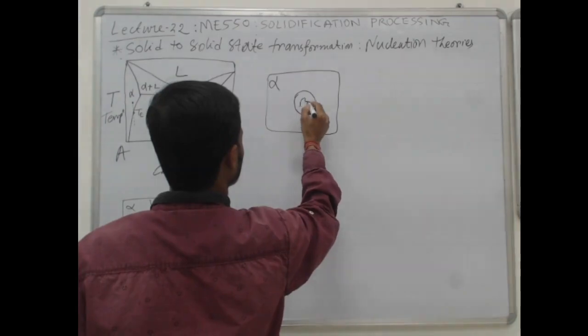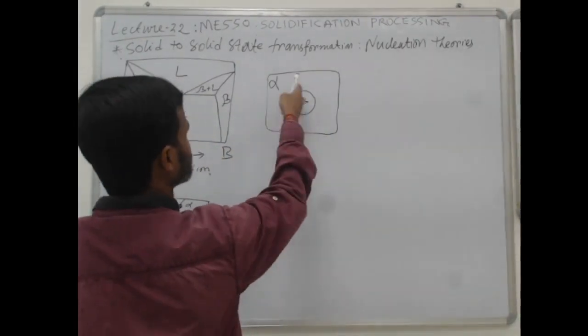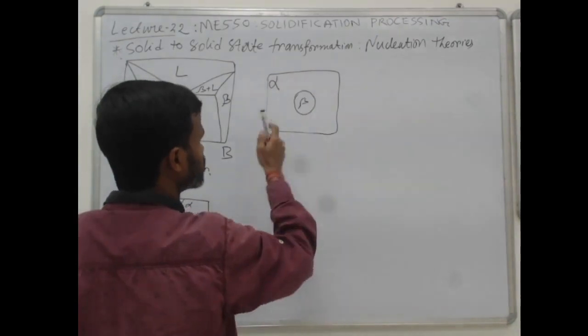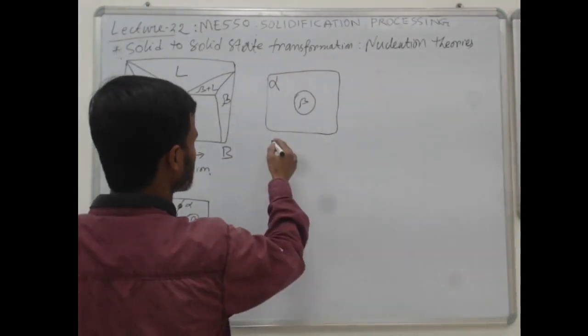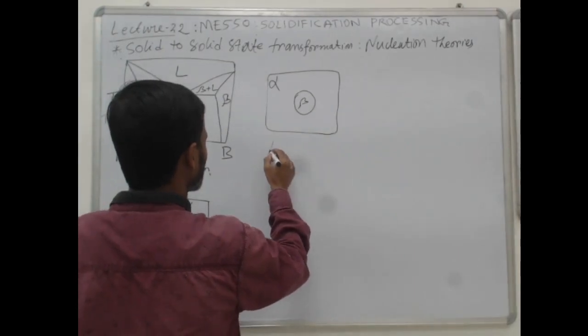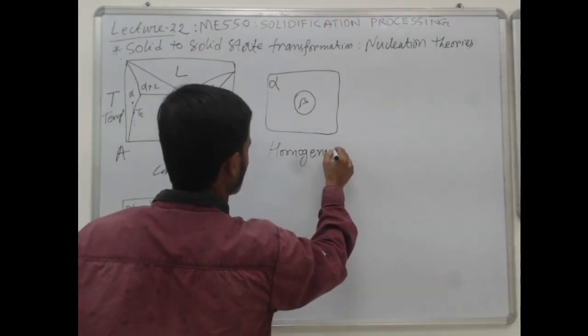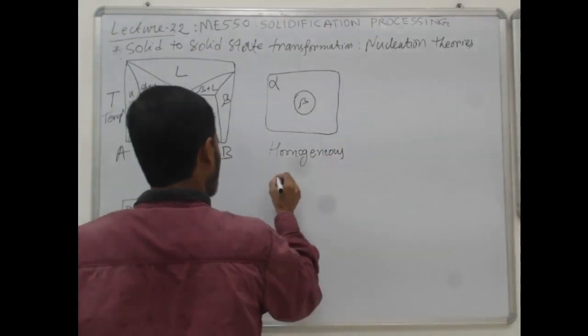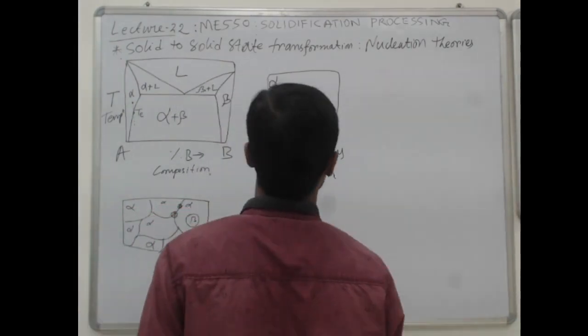Suppose your beta phase is nucleating inside the alpha material, which is free from any defects. This alpha phase is a single grain, and the beta is nucleating inside the alpha. Then we can consider it to be homogeneous nucleation.